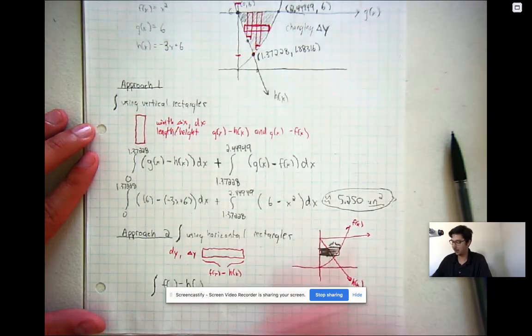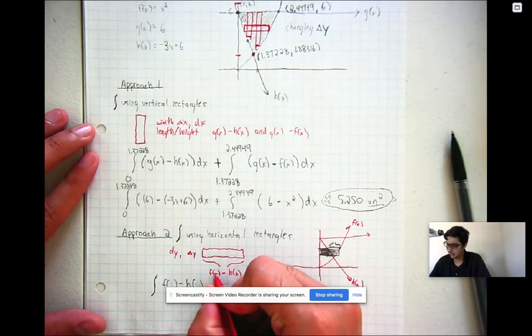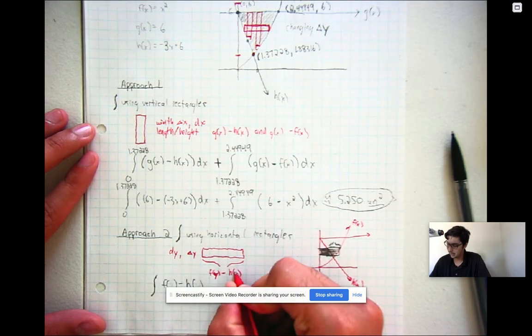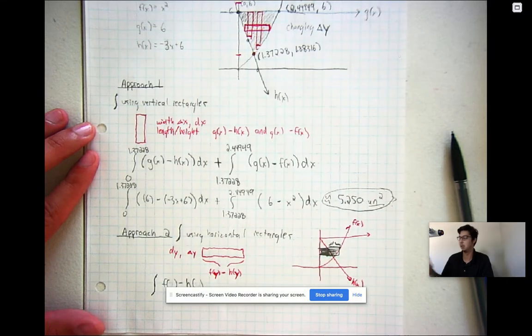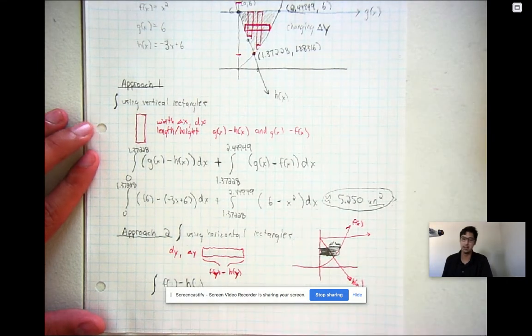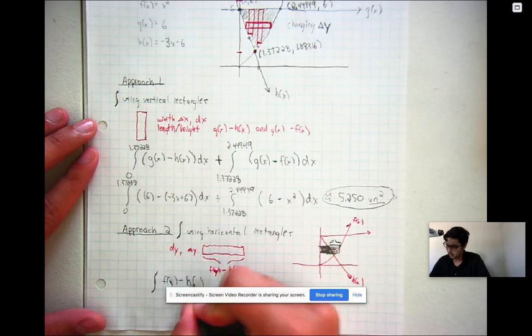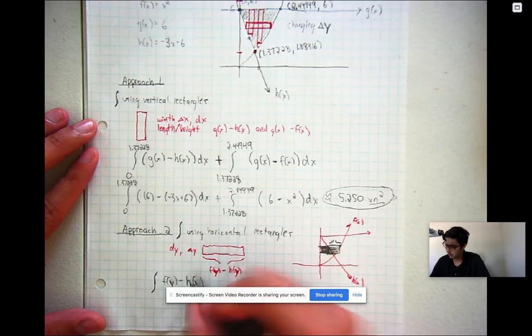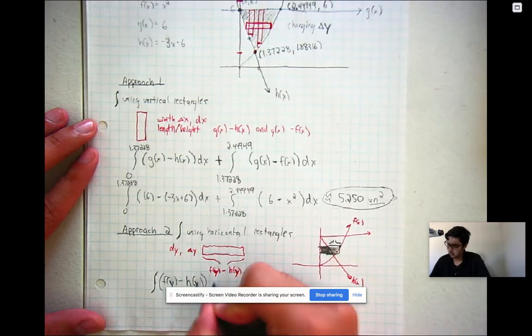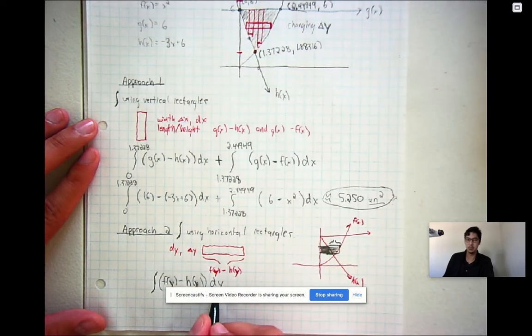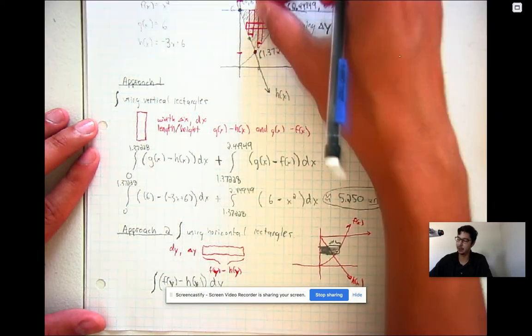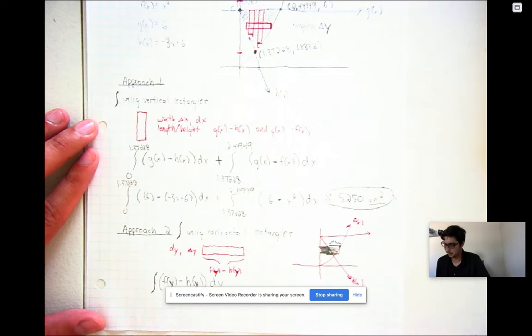So then we don't actually write f of x minus h of x. It's actually f of y minus h of y, because now we're talking in terms of y. Man, I'm saying y a lot. I'm sorry. So it's f of y minus h of y as we change with respect to y these infinitely many rectangles in this space here.